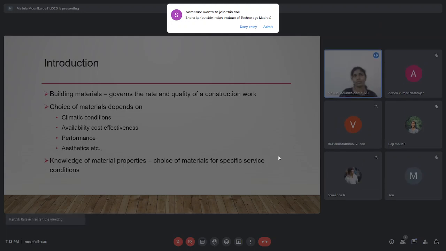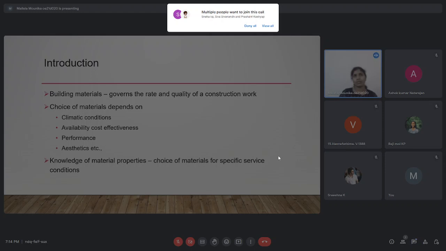And the performance aspect. Performance comes from the durability and service life of the structure. Serviceability means the structure serves its function. For example, if you have constructed a house, what is the purpose of the house? It needs to give us shelter and comfort.